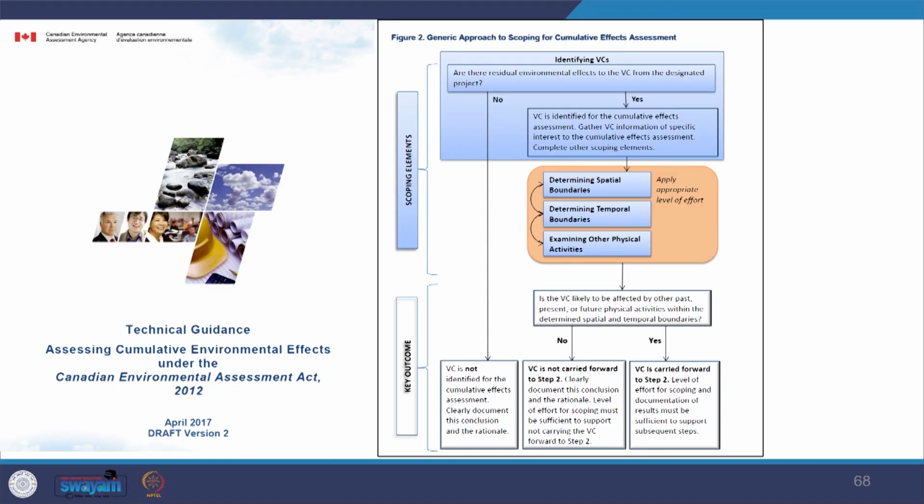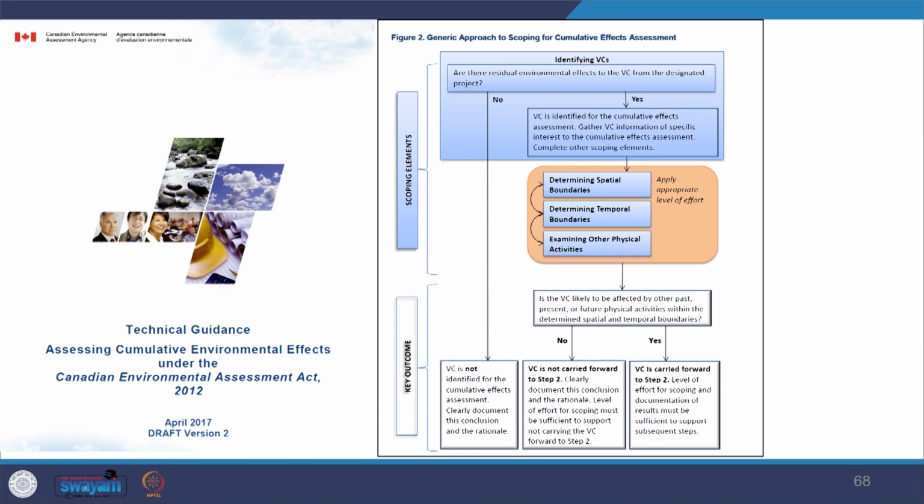Likewise, you see from the technical guidance, they give another layout framework for how you should approach cumulative effect assessment. So you see that identifying VCs, valued components, is very important here, and then whether there are residual environmental effects to the VCs from the designated project. If the answer is no, then VC is not identified for the cumulative effects.